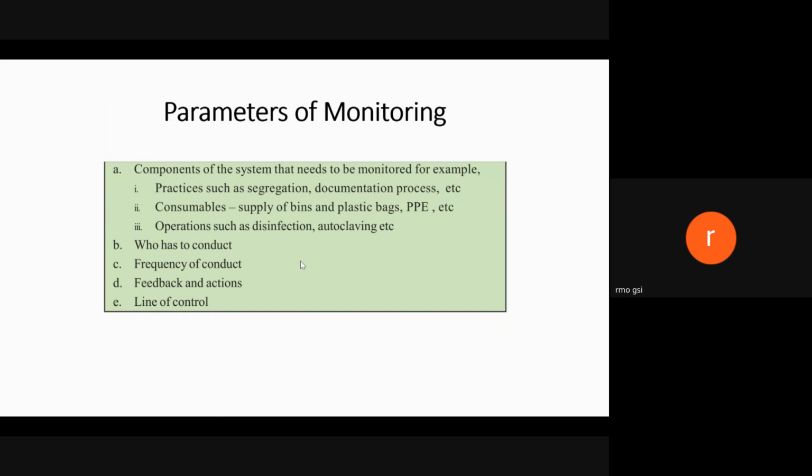Whether disinfection or autoclaving is done as per the guideline, with proper disinfection and proper autoclaving of the waste. The frequency of the pre-treatment and final disposal and management, also the feedback, corrective and preventive action, and change in the line of control.